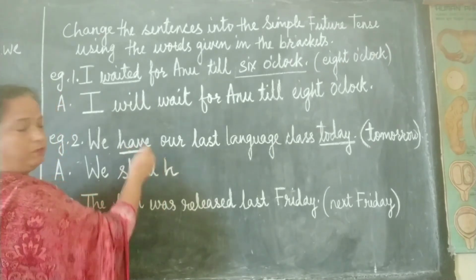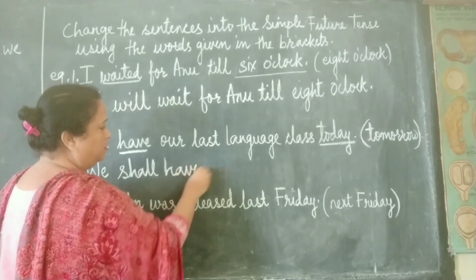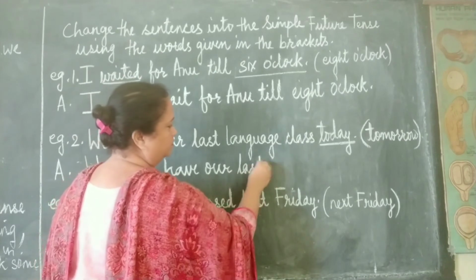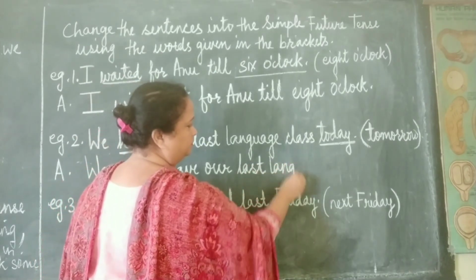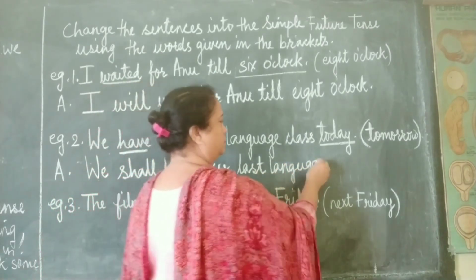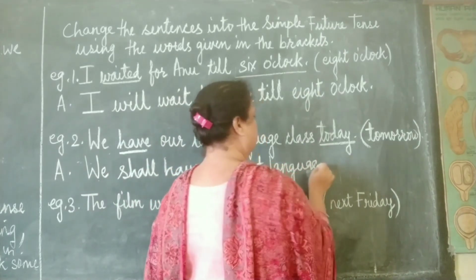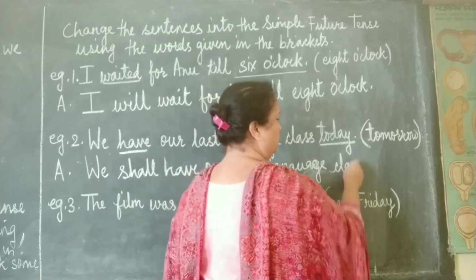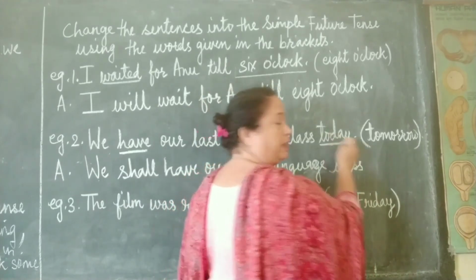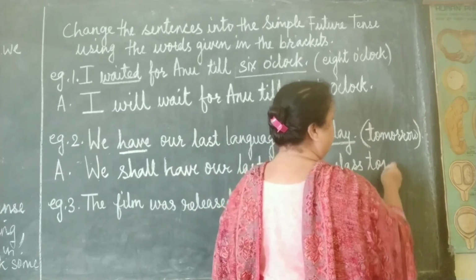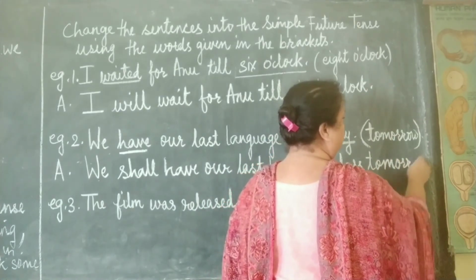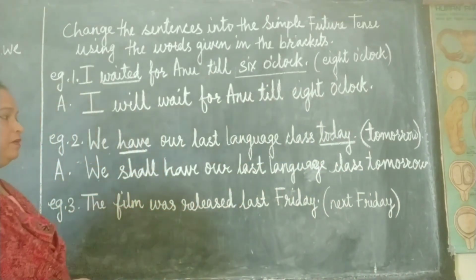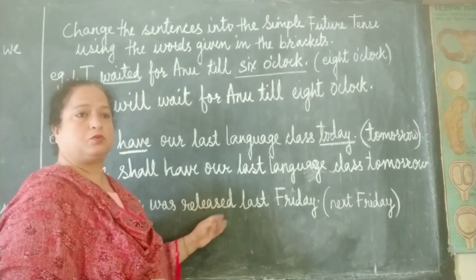The V1 form is have. Our last language class. Instead of today, I need to talk about the future. So I will be adding tomorrow. So my answer is we shall have our last language class tomorrow.